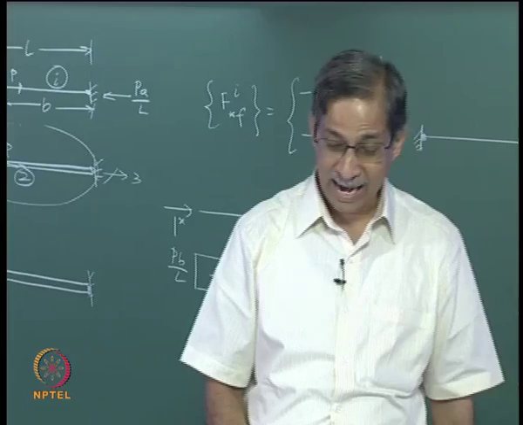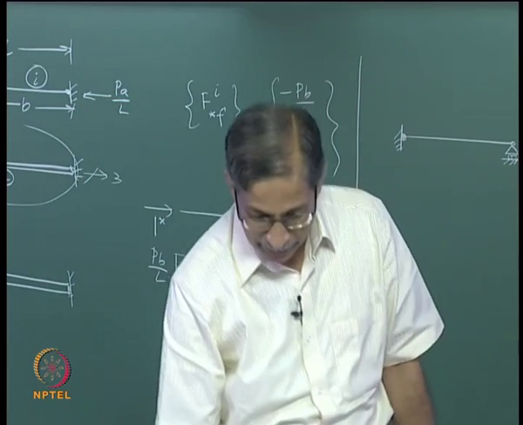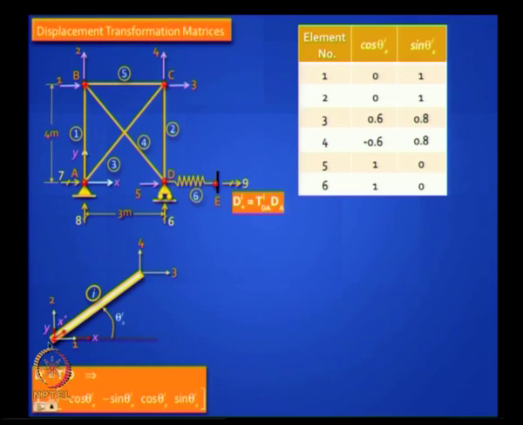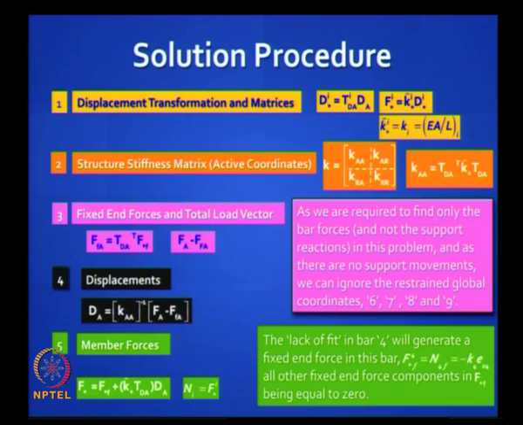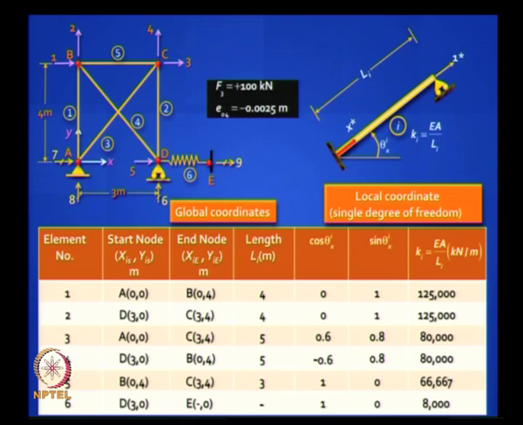No, it depends on your angle of incidence, which is your start node, which is your end. Look at this element. In this element, my local x star axis was pointing from here, right. That means this left end was my start node, this right end was my end node. Do you get what I am saying? So, you have to identify which is start and end, then only you can do it. So, let us go through it once more.